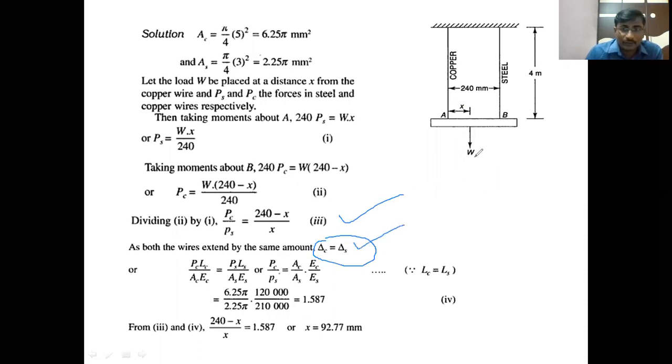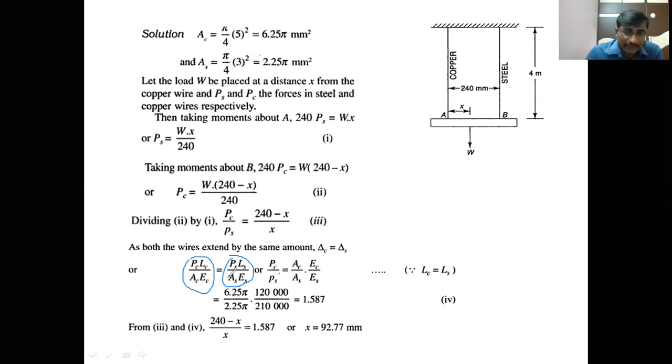If we apply the load, the horizontal bar remains horizontal. That means the copper and steel wires are extended equally. Delta S is equal to delta C, where delta C is the extension of the copper wire. So PL by AE for the copper wire is equal to PL by AE for the steel wire.